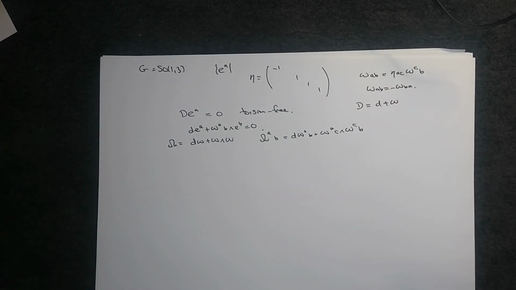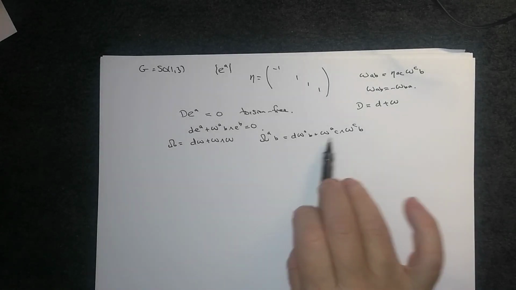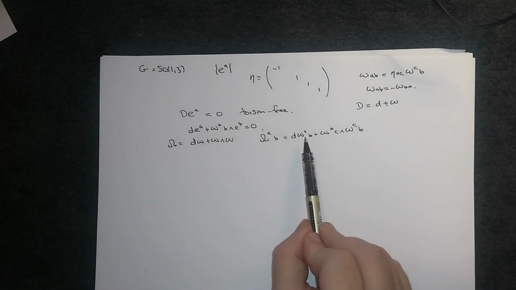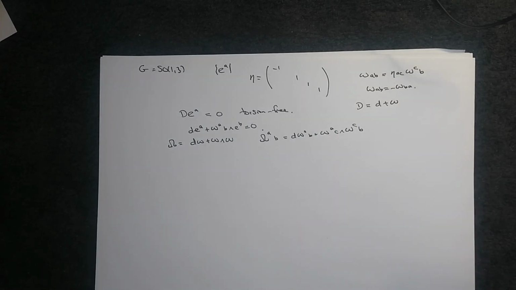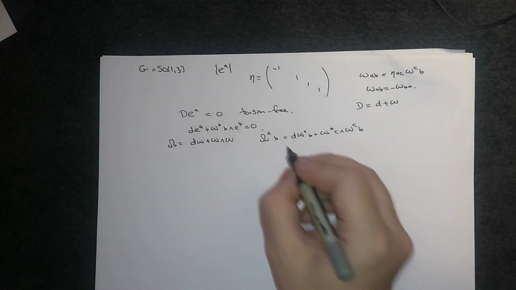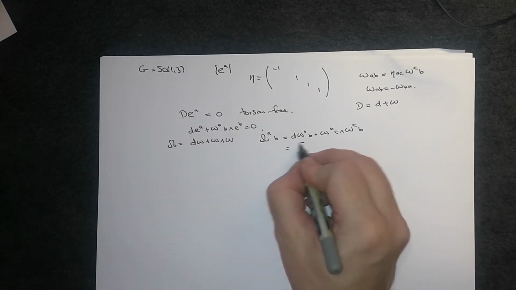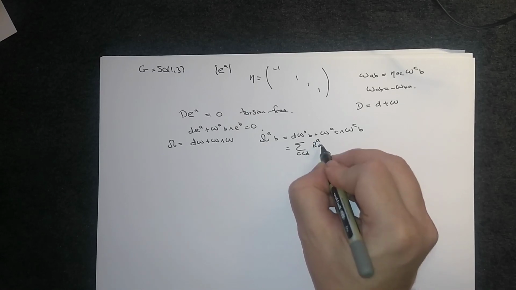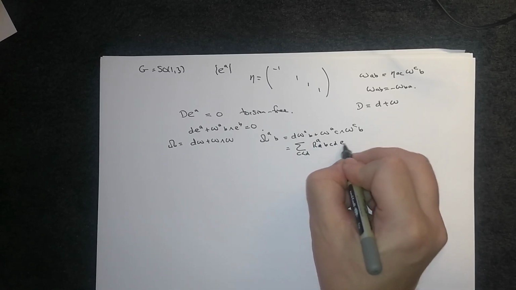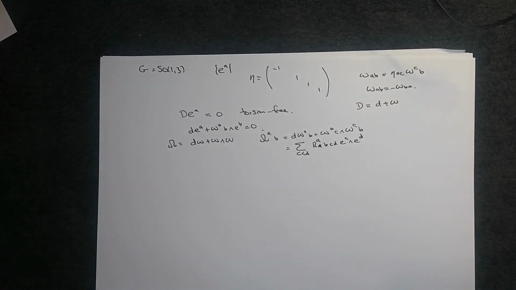So A and B here are the algebra indices, and these things here are only one-forms, so that term and that term are both two-forms. Now, this thing we can write out as a sum over c less than d of R^A_B_cd E^c wedge E^d, because these form a basis for the space of two-forms.